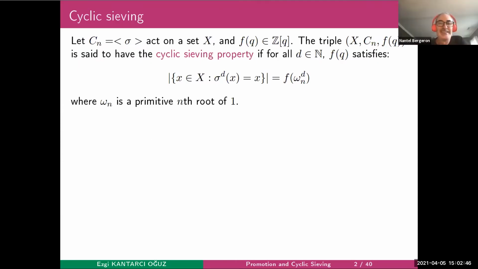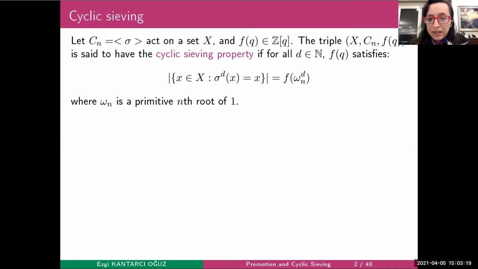So cyclic sieving is actually, when I heard the word sieving, I thought it was a method of sieving, but it's not a method. It's actually a property or a phenomenon. We just observe it. It's there. So the way we define it is, let's say we have a set and we have a cyclic action on this set. Then if we have a polynomial and that polynomial sort of records the orbit behavior of the set, we call this cyclic sieving.